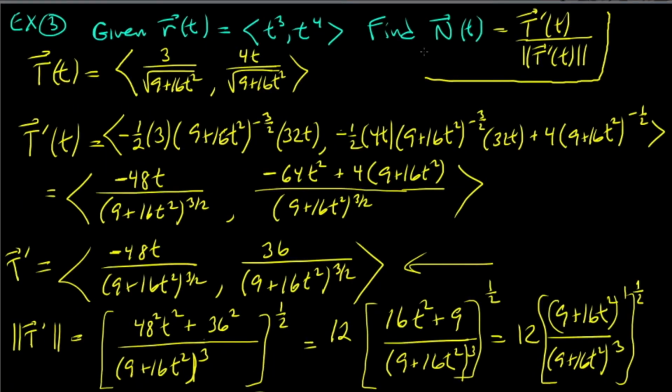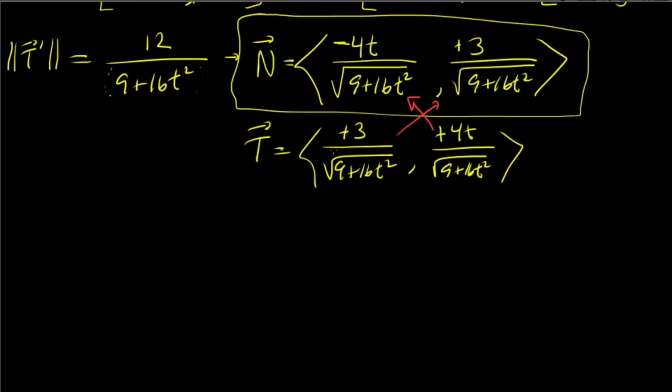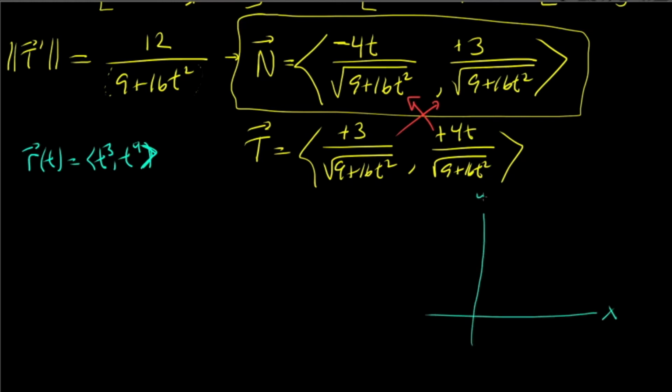For that, you have to go back to the original function. The r of t was t cubed, t to the 4th, as a vector. So we can draw the curve here. It's just in a two-dimensional plane, the xy plane, where x is t cubed and y is t to the 4th. So what's y in terms of x?